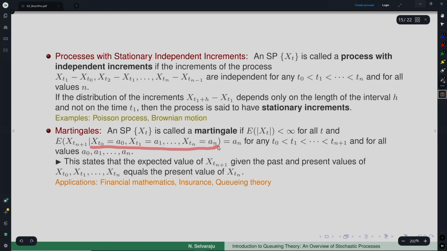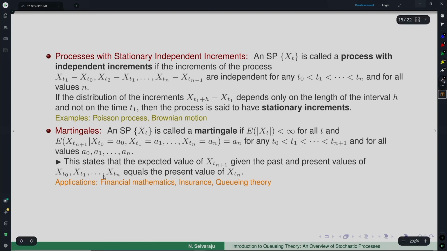Now, what is the expected state in which it is going to be at time tn plus 1 given this history, right. If it turns out that this conditional expectation is equal to an, and you do this for all t naught, t1 and so on, and for all values of a naught to an, then the process is said to be a martingale.